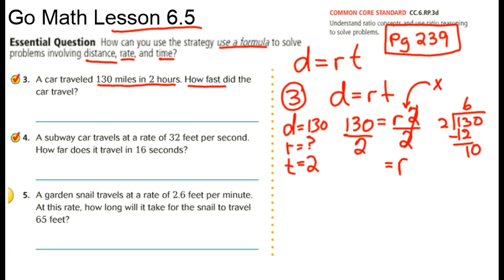Leaves us with 10. 5 times. 5 times 2 is 10. So that zeroes out, and we get an answer of r equals 65. Going back to finalize that answer, since we are dealing with miles and hours, the answer to that question is 65 miles per hour.